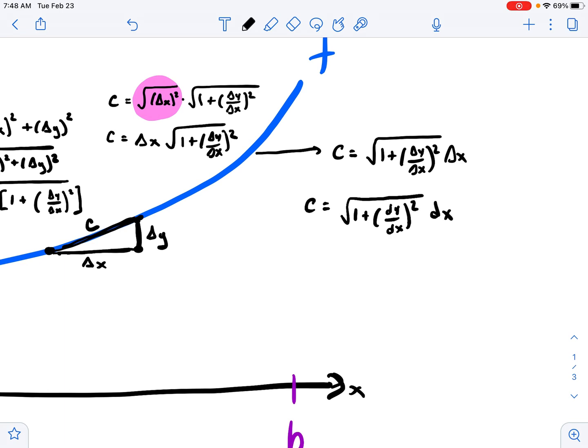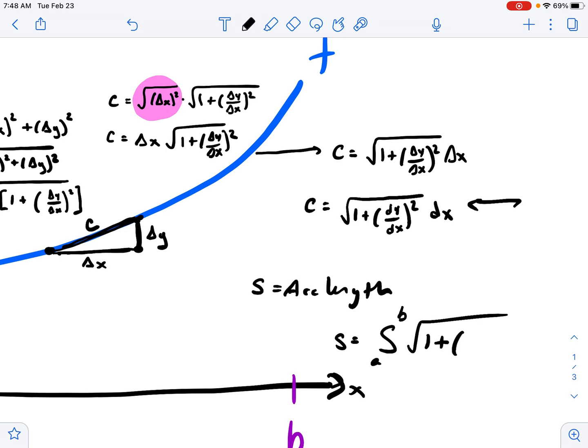Now we're bringing back the notation that we're familiar with within the integral, and for the total length, we typically use the letter s for arc length. It's going to be the integral from A to B of the square root of 1 plus (dy over dx) squared, with respect to x. And there's our arc length formula.